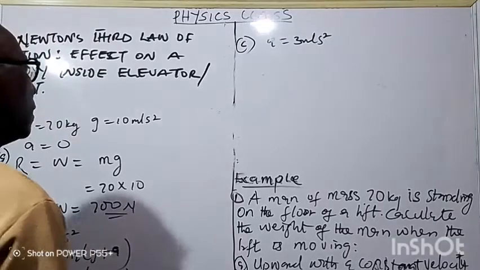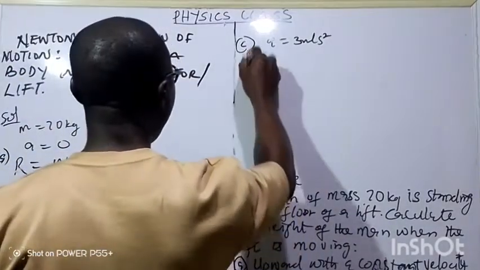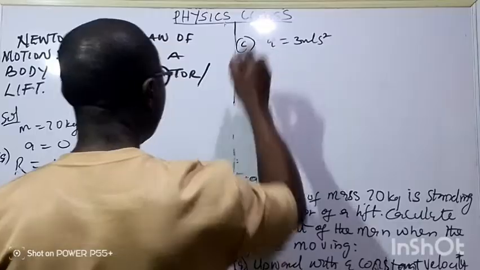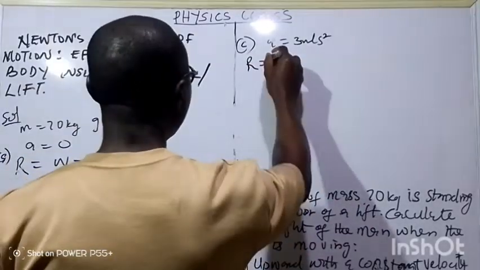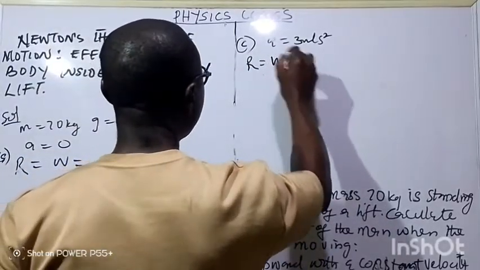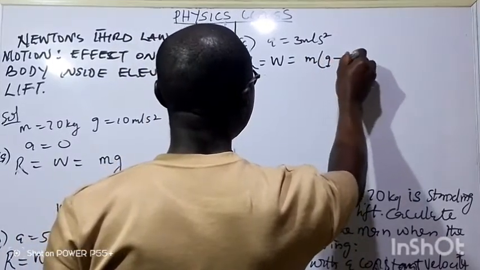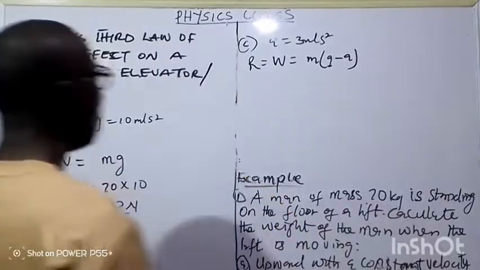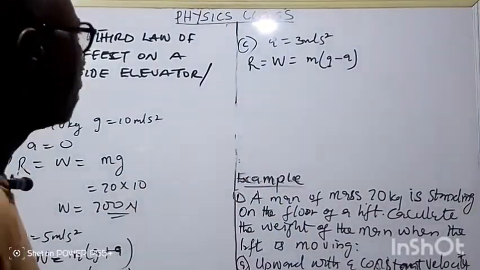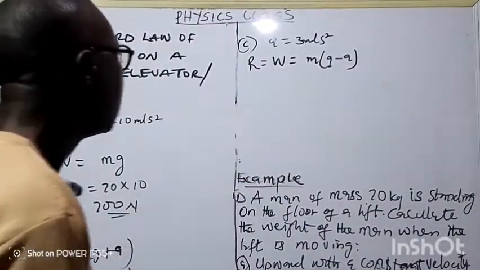So we are going to have R, according to the equation we arrived at, equal to W, which is equal to m(g minus a). Why is it minus? Because the body will lose weight.